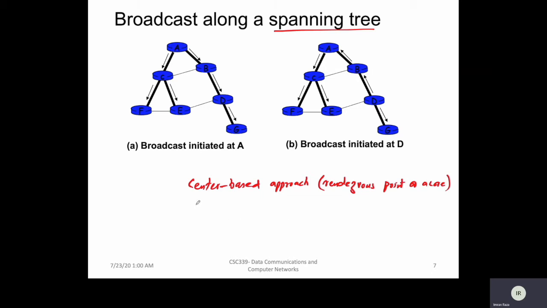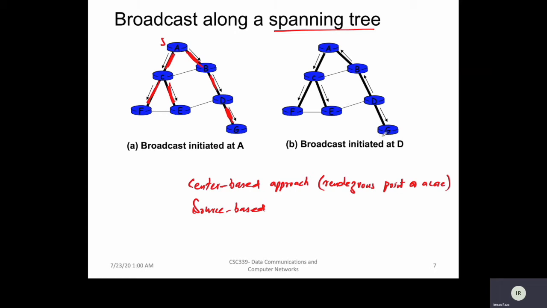The second way to construct a tree is source-based tree, where depending upon a source, we will construct a spanning tree. So, for example, if I look at this figure, this is a tree that is based on a source A. In this tree, the source is A, and this is the path that will be followed by all the broadcast packets, right?